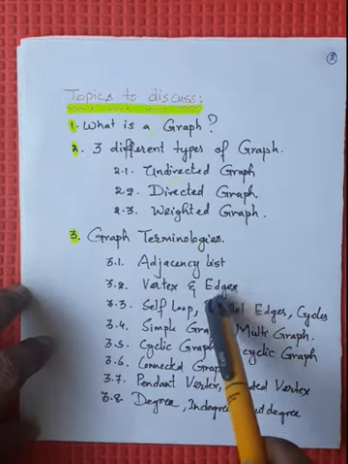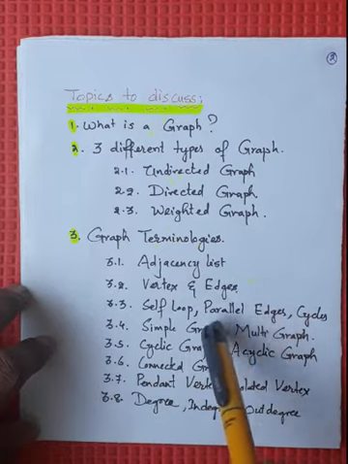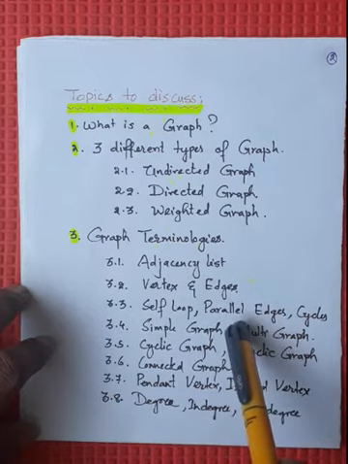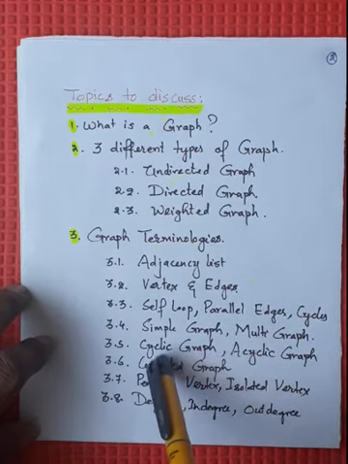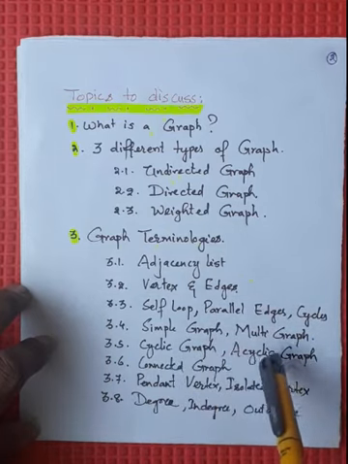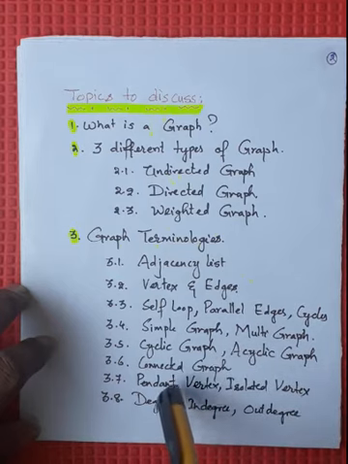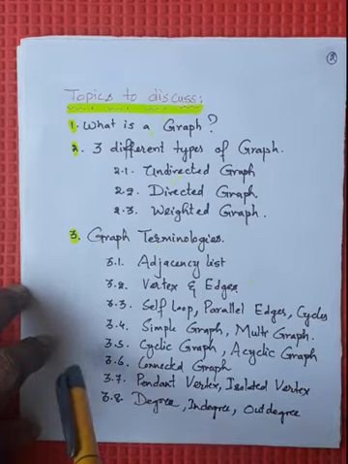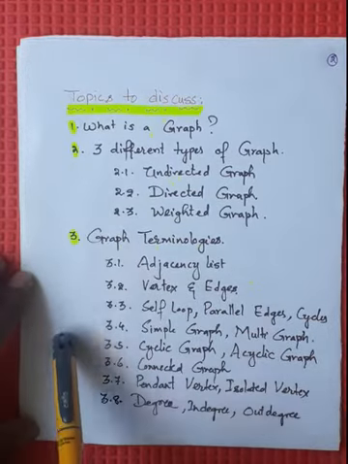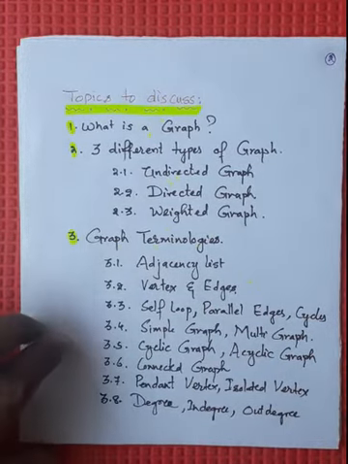Edge is nothing but the connecting line. And the different situations, like self loop, parallel edges, cycles, simple graph, multigraph, cyclic graph, acyclic graph, connected graph, pendant vertex, isolated vertex, degree. There is also something called in-degree and out-degree. These are all the topics we are supposed to discuss now.